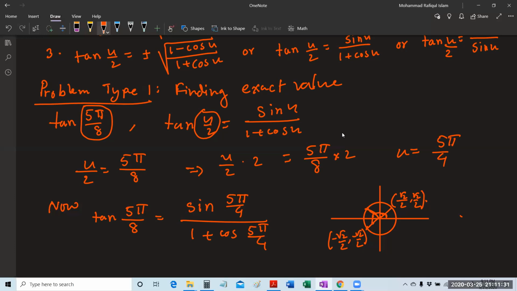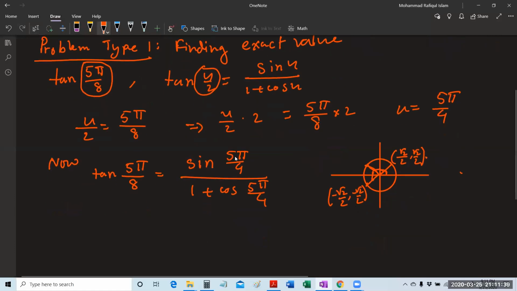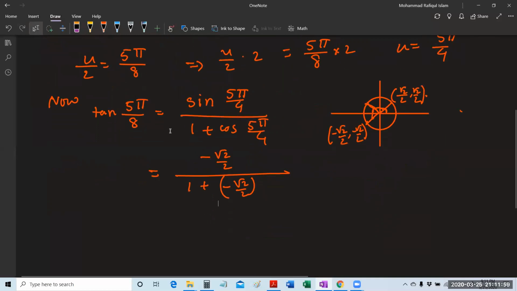So if we substitute the values of sine 5 pi over 4 and cosine 5 pi over 4 right here, we get the value of tan 5 pi over 8. Sine 5 pi over 4 is negative root 2 over 2, all over 1 plus cosine 5 pi over 4, which is negative root 2 over 2. We have done the major part of the problem, thus we have to simplify this expression.